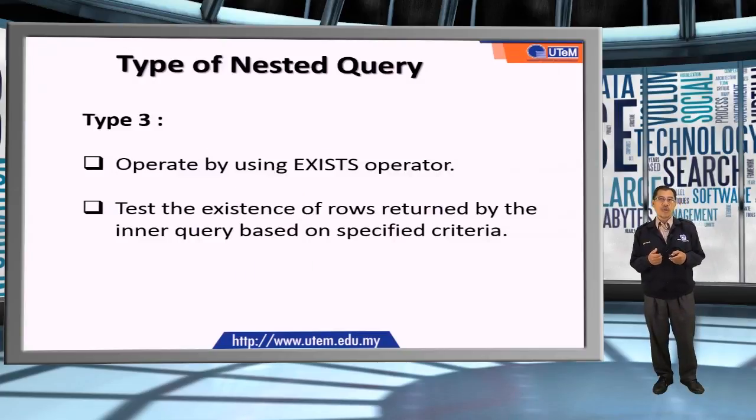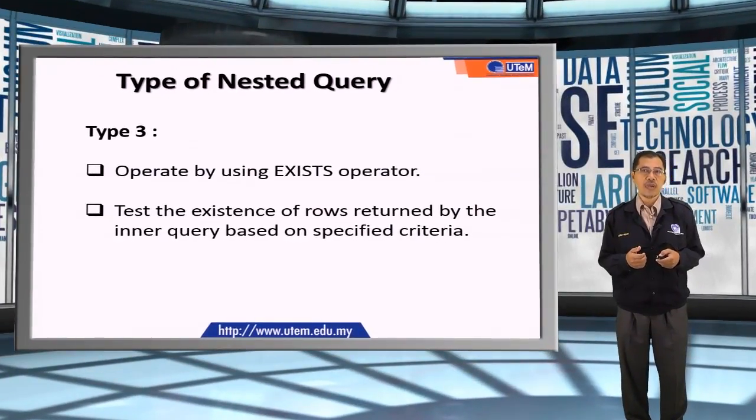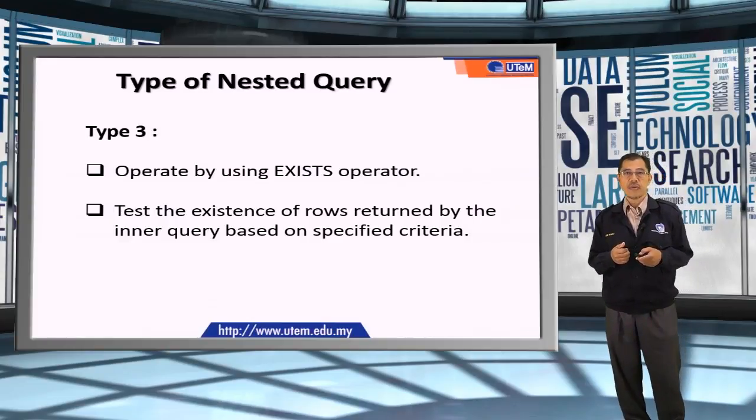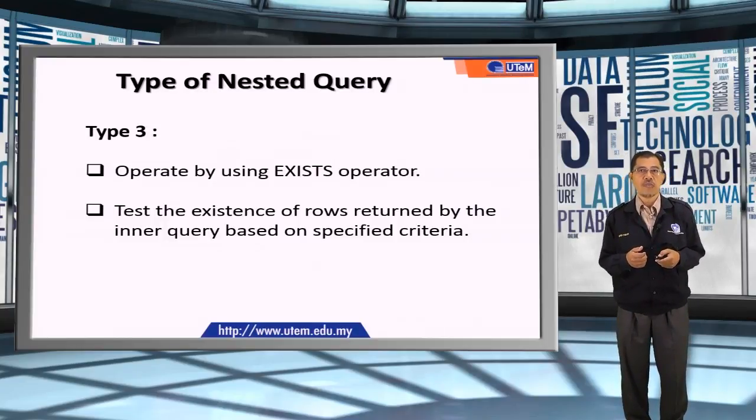Type 3 nested query operates by the use of EXISTS operator. In this type of nested query, the outer query will test whether there are rows returned by the inner query. The WHERE clause returns true if there are rows returned by the inner query, or else it returns false.